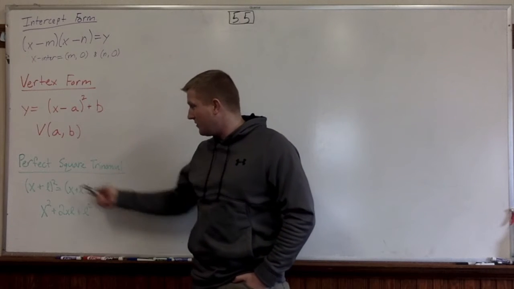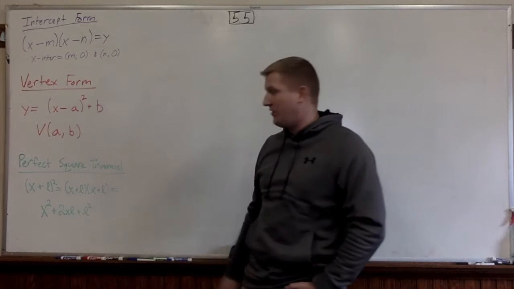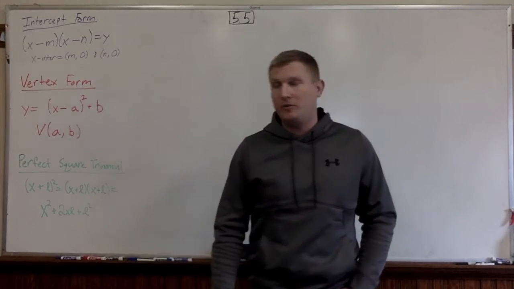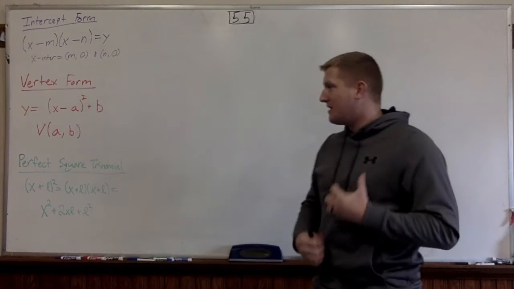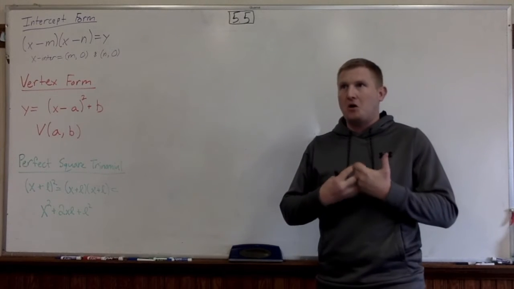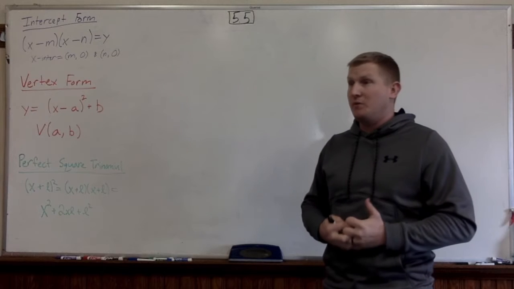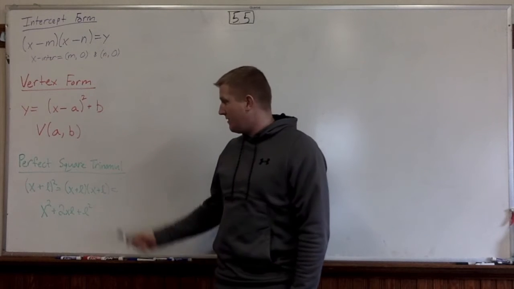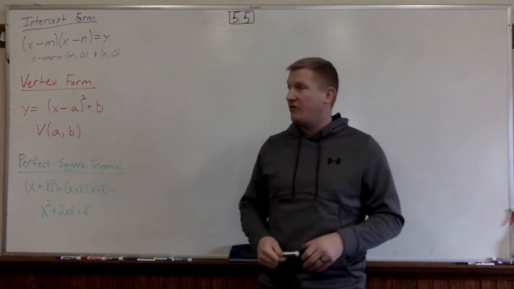And since they are identical, we can just say (x + l) squared is this perfect square trinomial. The only thing is that perfect squares aren't as common in the wild as we would like them to be. So the chances of coming across a quadratic that is a perfect square trinomial is kind of slim.